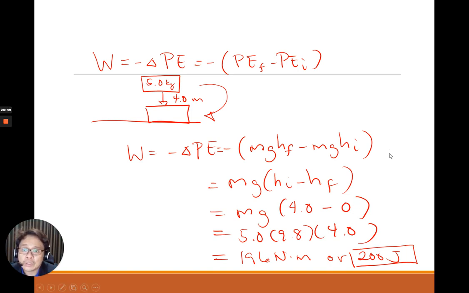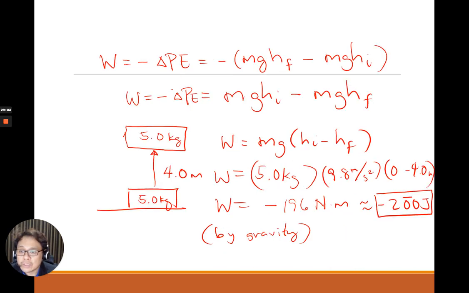Remember the one I mentioned at the start, if the force and the displacement are in the same direction, you will get positive work. If the force and the displacement are in opposite directions, you will get negative work, just like this one here. Kasi yung force of gravity kasi is downward, right? And then you are displacing it upward, 4.0 meters. That's why you got a negative answer here, okay?